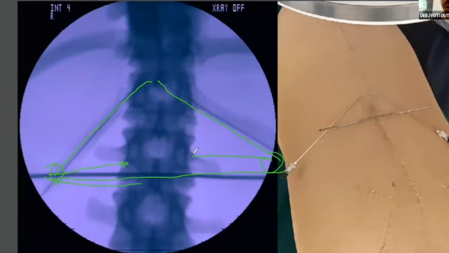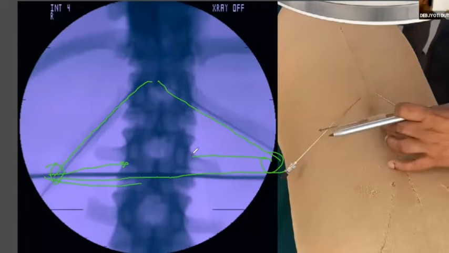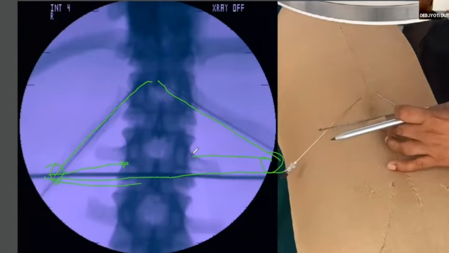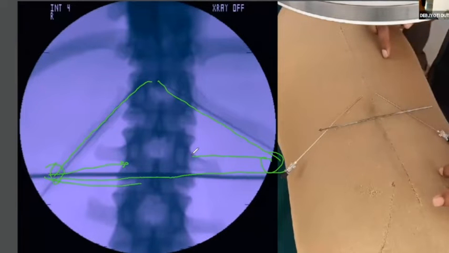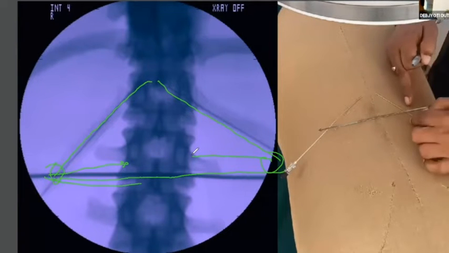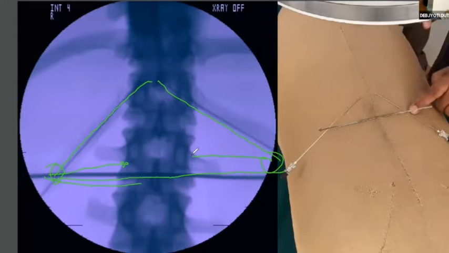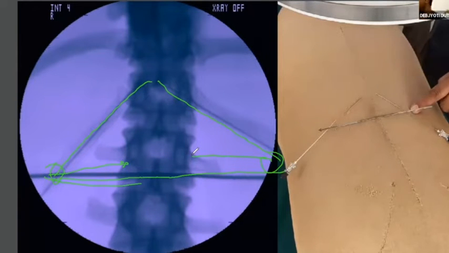You can draw the triangle or you may not draw the triangle, just a line along the lower part of the 12th rib, and another line along the spinous process of the L1. Where they are cutting, normally they are cutting at around 5 to 7 centimeters from the midline, or you can palpate the paraspinal muscles, which will be going like this, and you can draw another line here which is cutting the 12th rib. That is also a needle point. It comes to the same. So there are three ways to find the needle entry point.